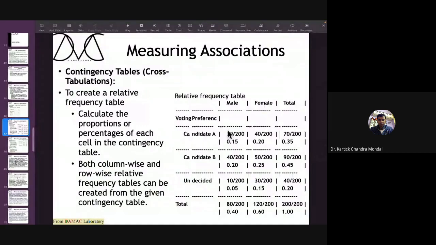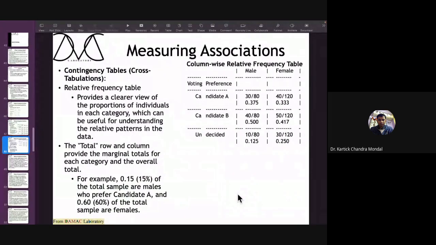That means it calculates the percentage of a cell value against the row or against the column. If you create this percentage against the row, that is called a row-wise frequency table or contingency table. And if you do the same for the column, it is called a column-wise contingency table.